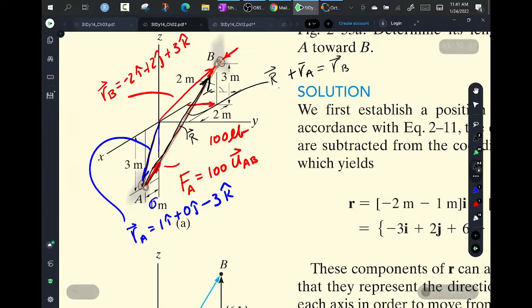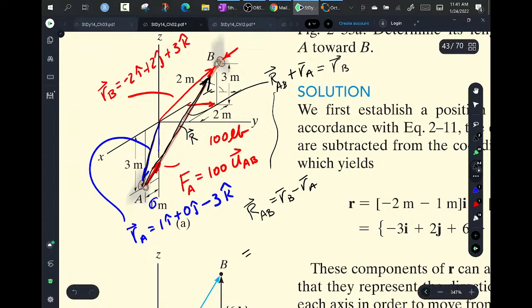But what I'm really interested in finding is this vector. So I'll say my R vector that points from A to B, maybe that's what I should have done, is equal to RB minus RA. Well, you already know how to do that.